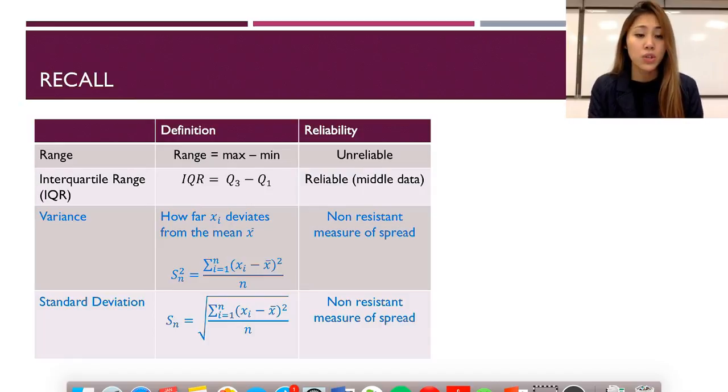Variance and standard deviation, if you take a look at the equations, are actually the same. The only difference is that one is squared on the left-hand side for variance, and for standard deviation, they move the square over to the other side as a square root. Standard deviation is usually preferred because, for example, with a data set measured in grams, variance might give you units of grams squared.